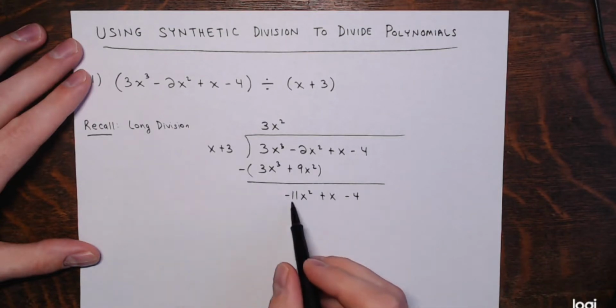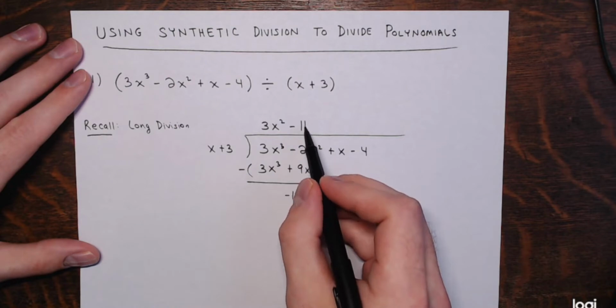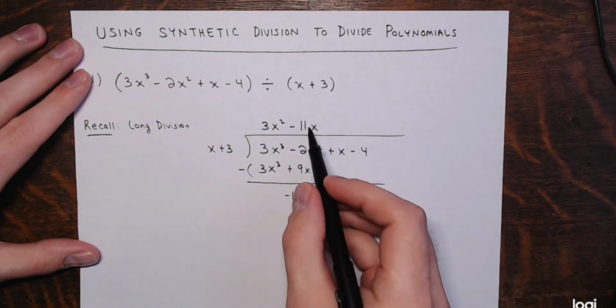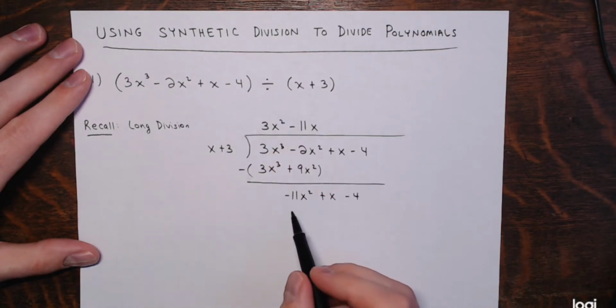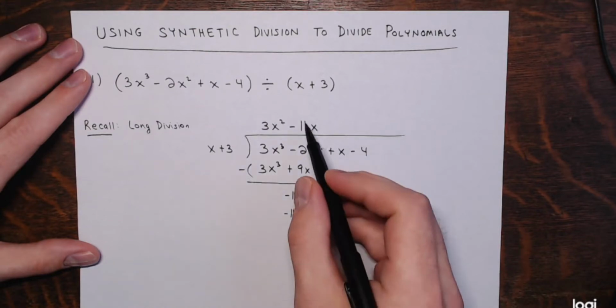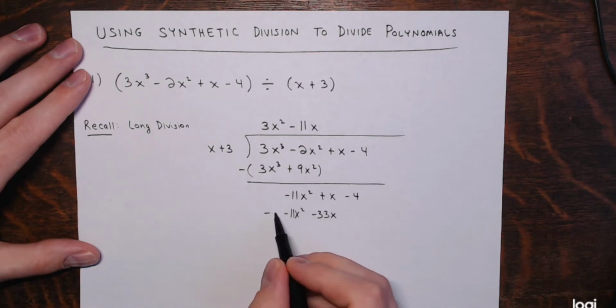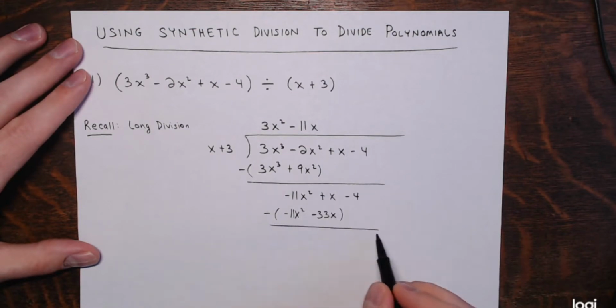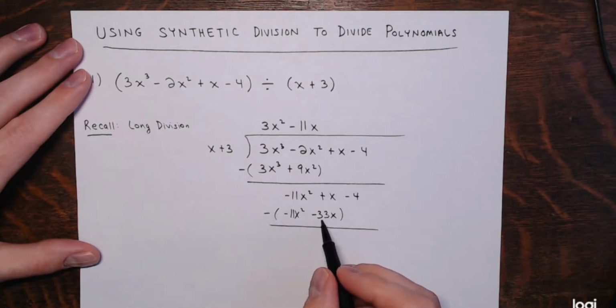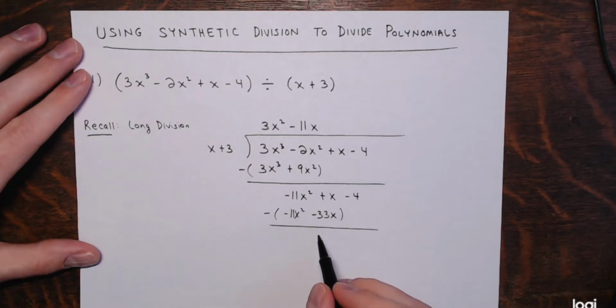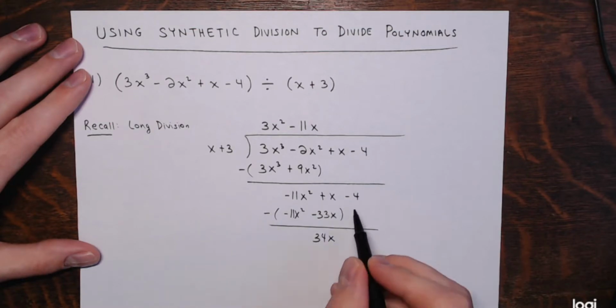We'd have minus 11x in the quotient. Multiply the minus 11x by x plus 3, we get negative 11x squared and then minus 33x, and subtract all of that. x minus negative 33x would be x plus 33x, that's 34x. Then you still have the minus 4 here.